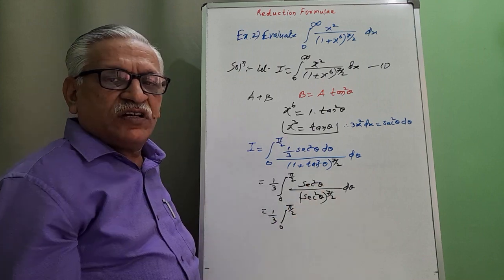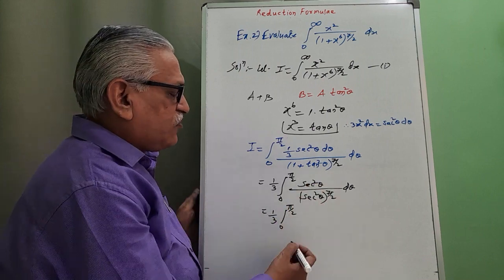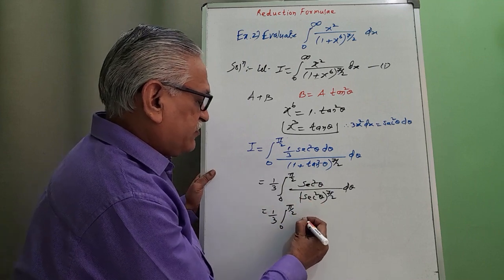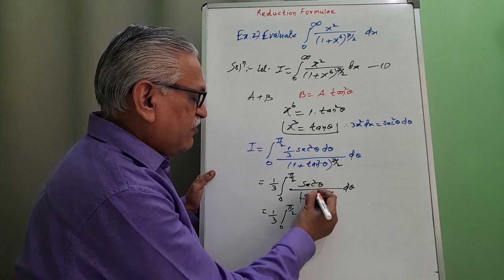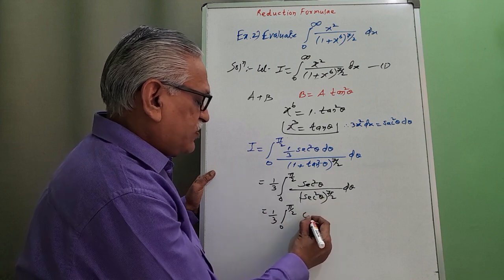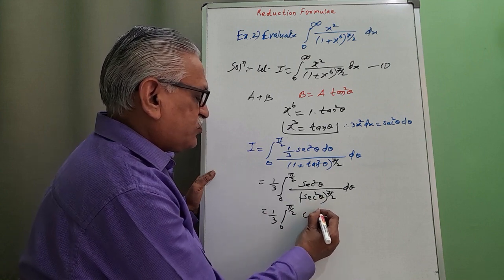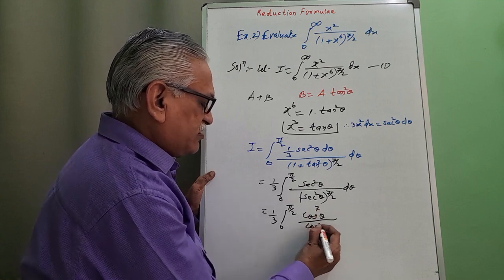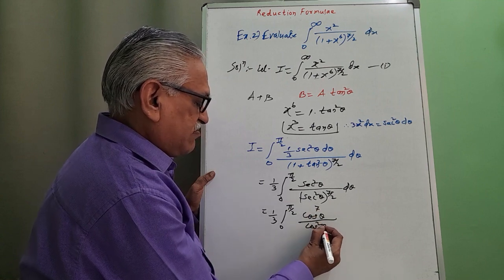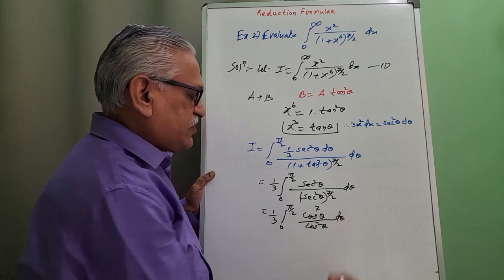Transferring this term to denominator, it becomes cos. Therefore, it is 1 by secant, nothing but cos. Therefore, it is cos theta raised to 7 and divided by cos square theta integration with respect to theta.